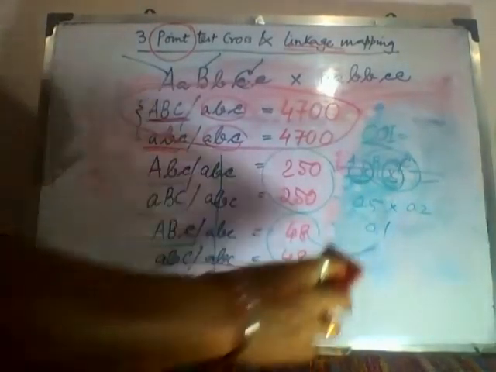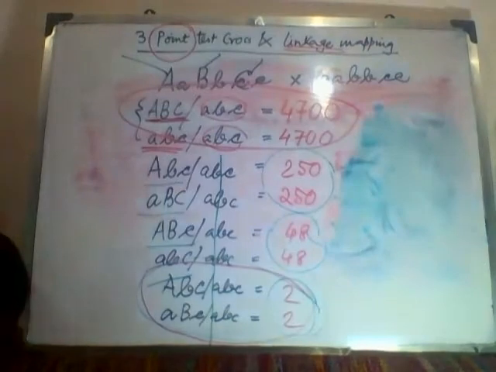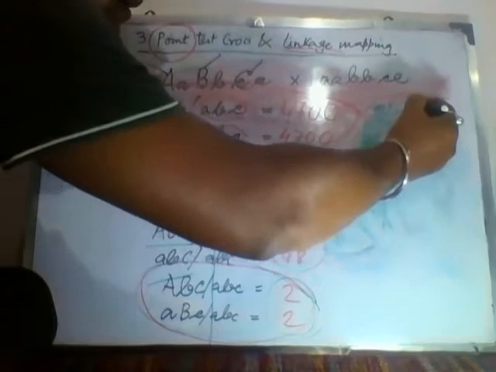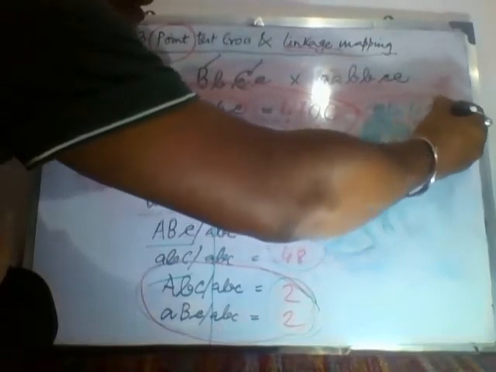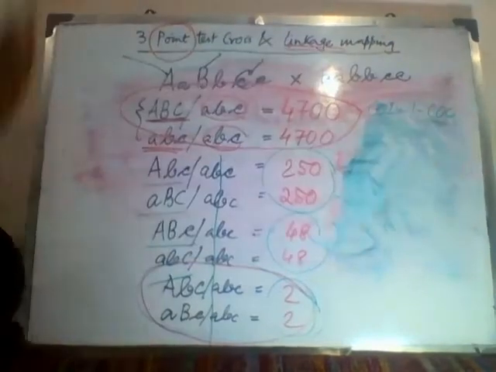Now, this doesn't take place. So we have to calculate this interference in terms of a coefficient. This coefficient of interference is formalized by 1 minus COC. Now COC is the coefficient of coincidence.